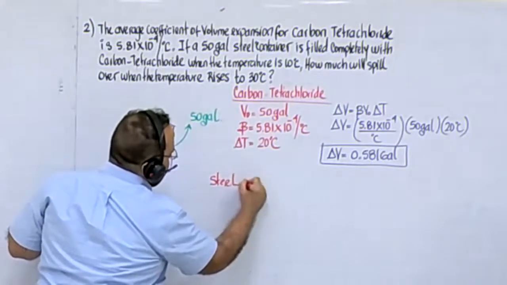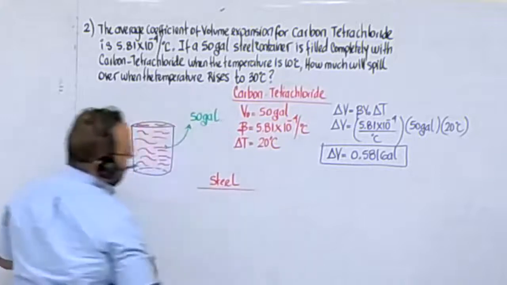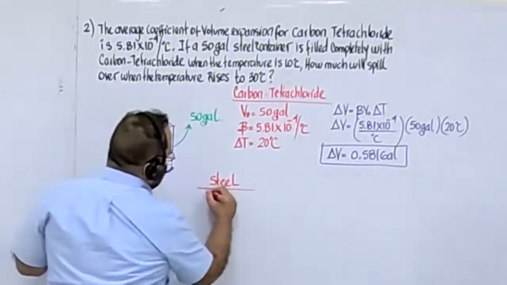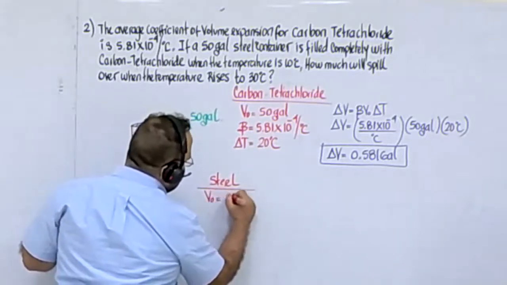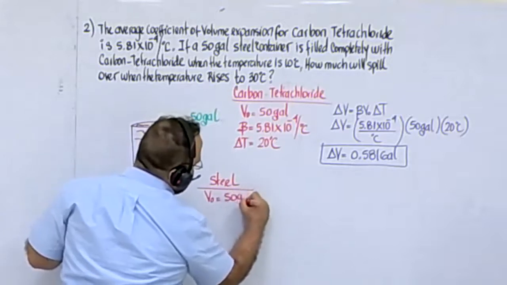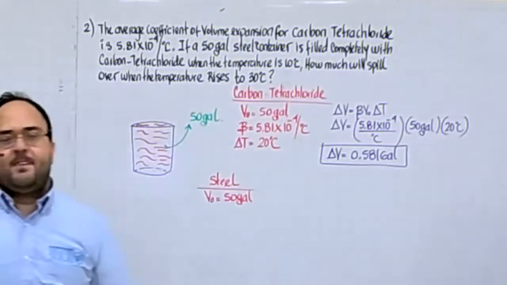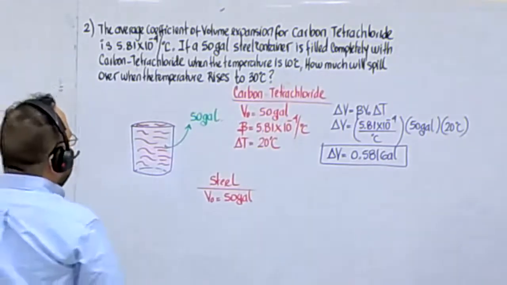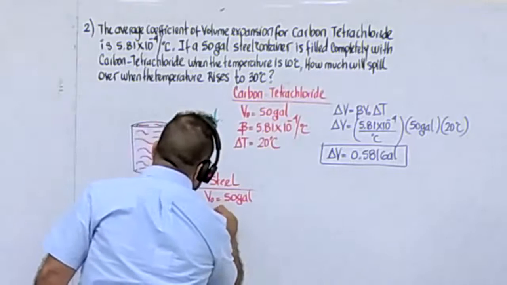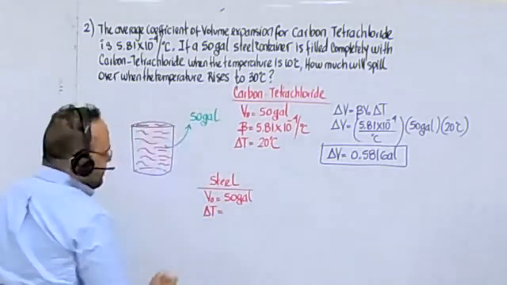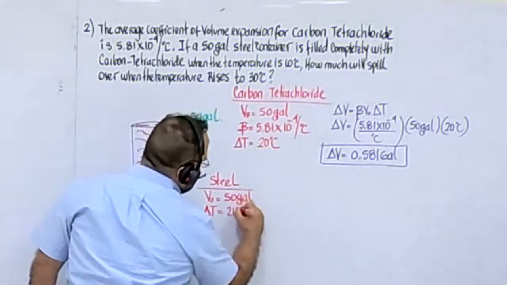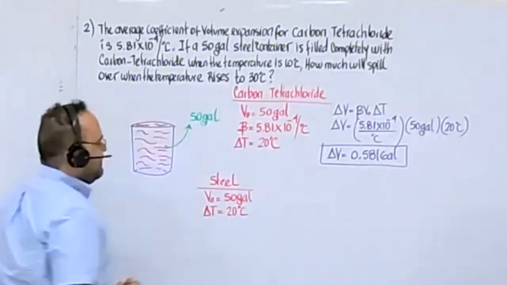What will be the values for steel? First of all, the initial volume obviously will be 50 gallons also, because it's the maximum capacity of this container. And at the same time, we have the same change of temperature, which obviously will be 20 Celsius degrees.